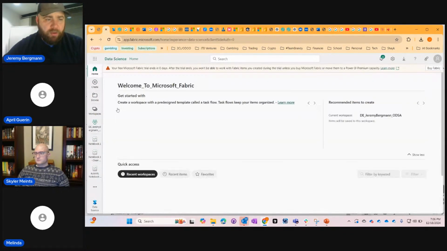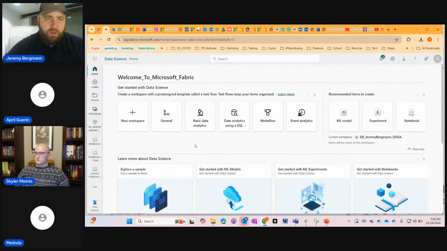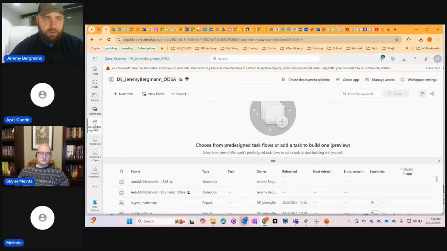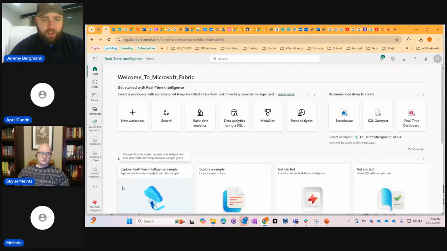Within Microsoft Fabric, I started to do one today. If you go to even this, they have samples. If you're in data science, you can do models, get started with experiments. But if you're in real-time intelligence, I was just looking at one of these today.